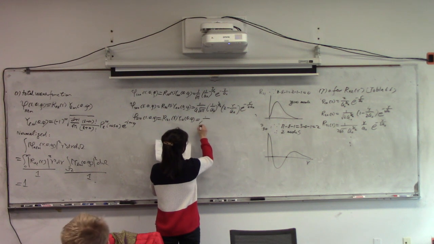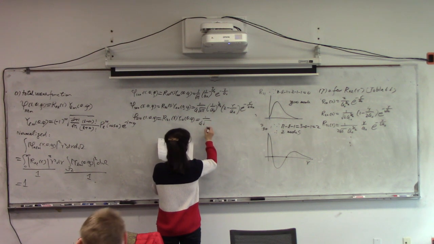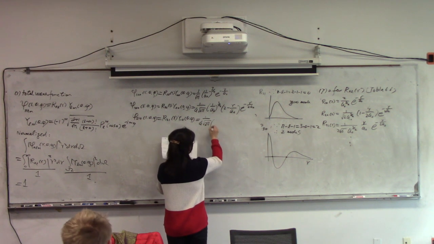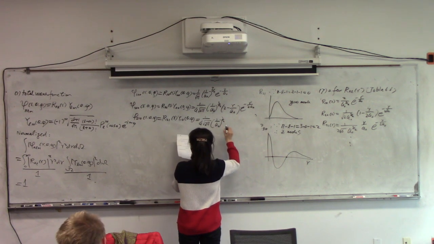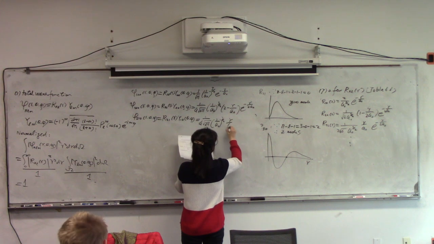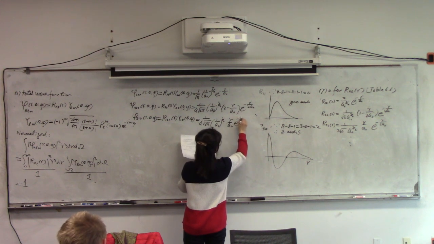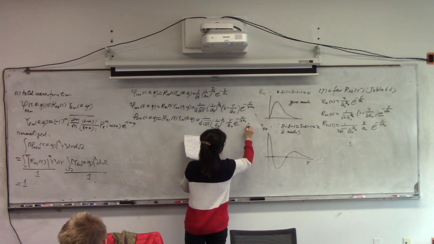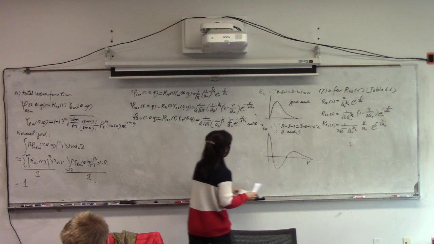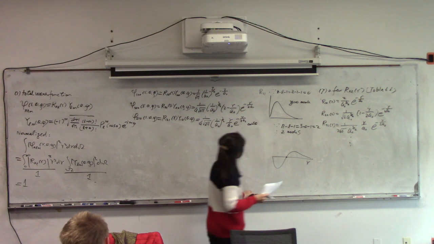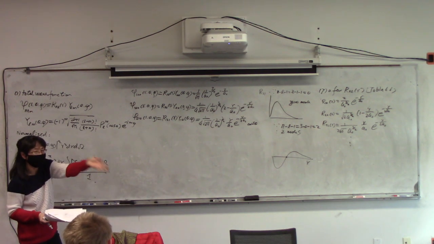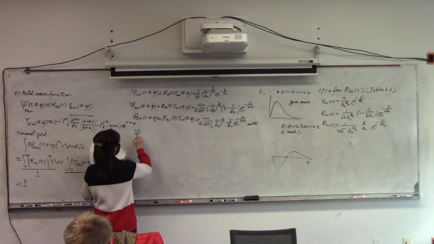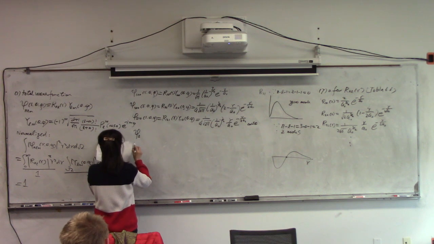Which is 1 over 2 root pi, 1 over A naught to the 3 over 2, r over A naught, exponential of minus r over 2A naught, and cosine theta. Now we have an angle dependence. So we know this is oriented along the z-axis, right? That is the behavior of the wave function.